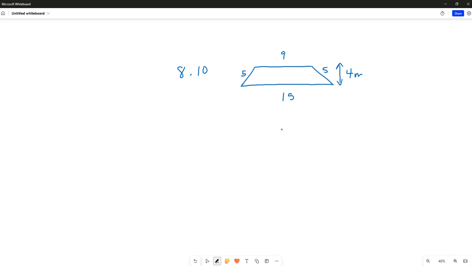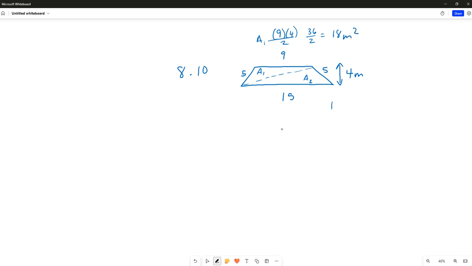4 meters. We're going to split these in half, and we'll say the area of 1 and the area of 2. The area of 1 has a base of 9, base times height divided by 2. So that's going to be 36 divided by 2, which equals 18 meters.